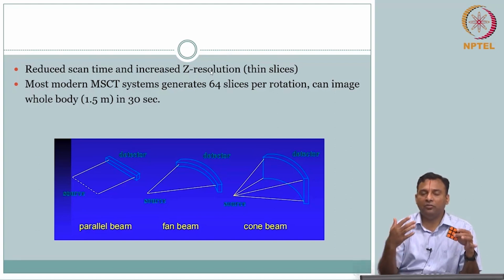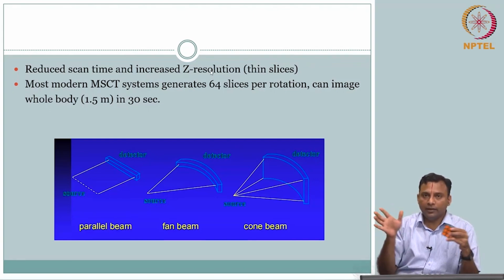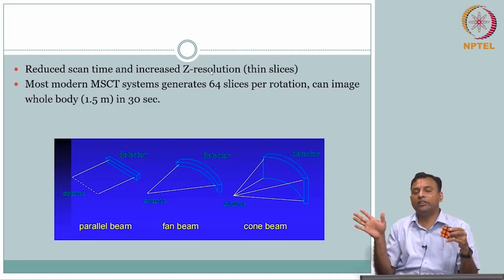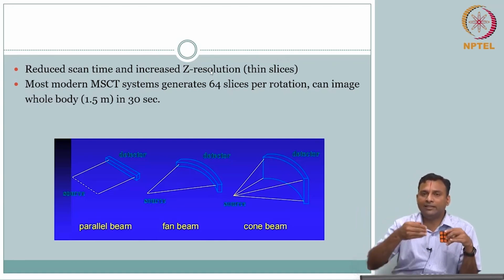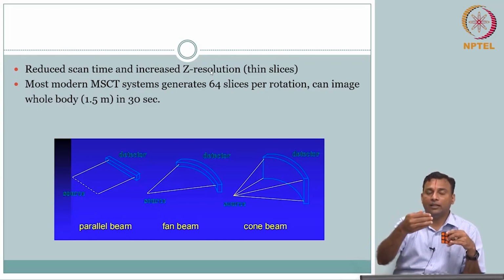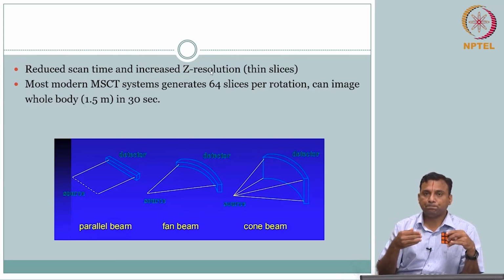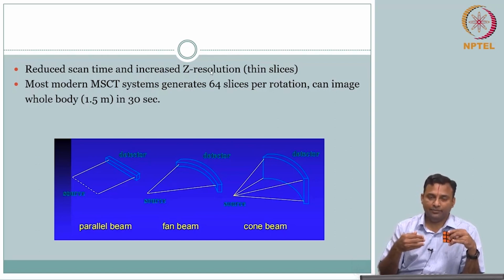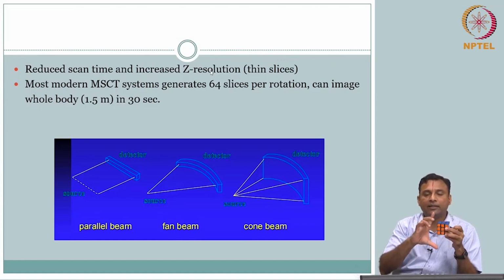But generally, if you vaguely remember how we did projection radiography, we always used f of x comma y as the input source, the image of the 3D object, and g of x comma y on the detector, and the z we used for the separation between the source and detector. So z is your thickness. In this regard, it's the thickness.